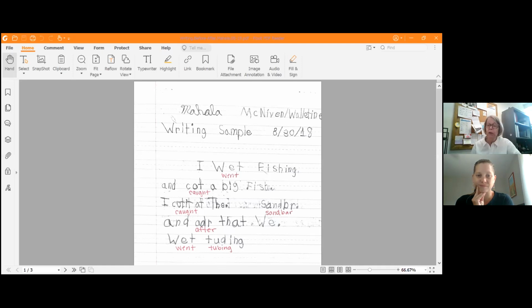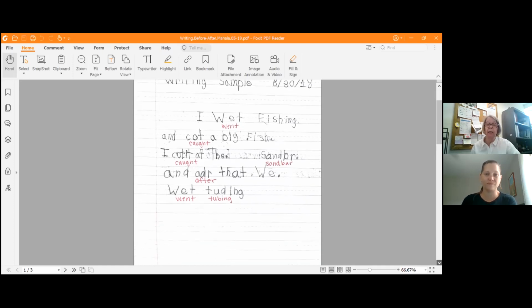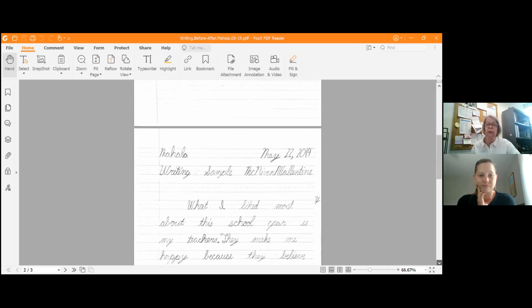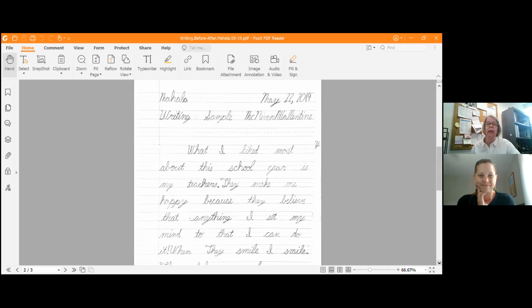Now, this student learned fragments versus sentences, different sentence types, paragraph structure, because, but, so, and handwriting instruction. And this is what it looked like by May of the same year.